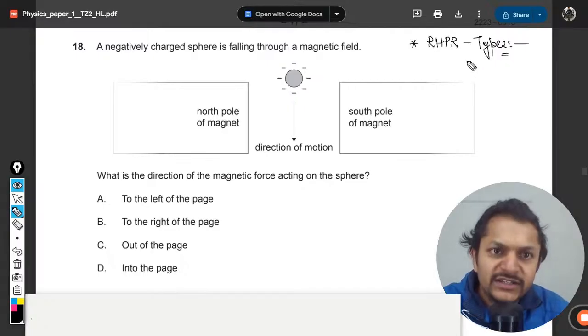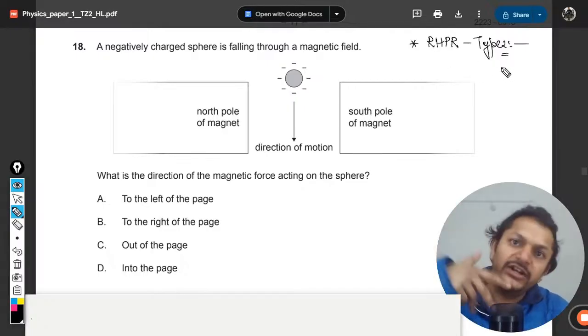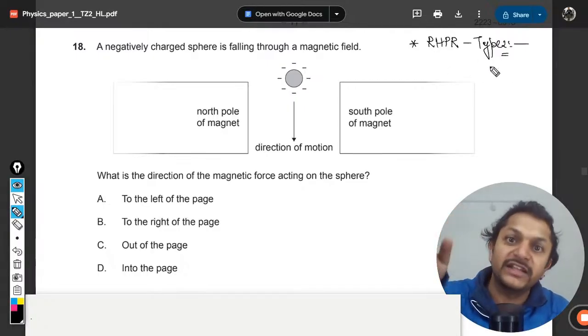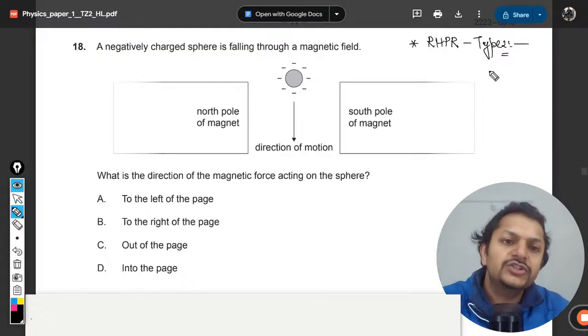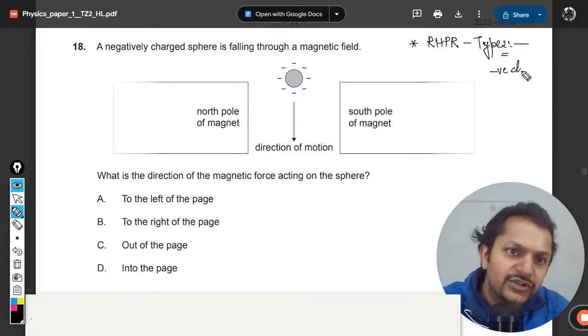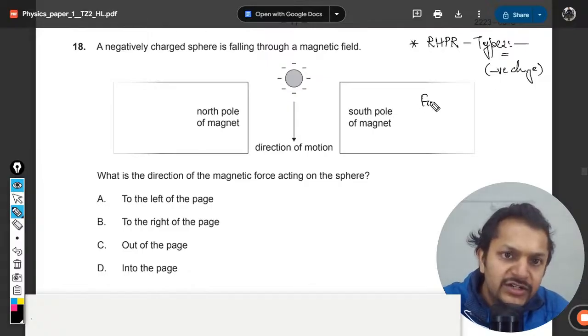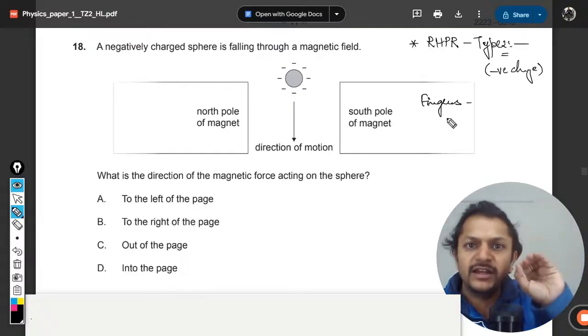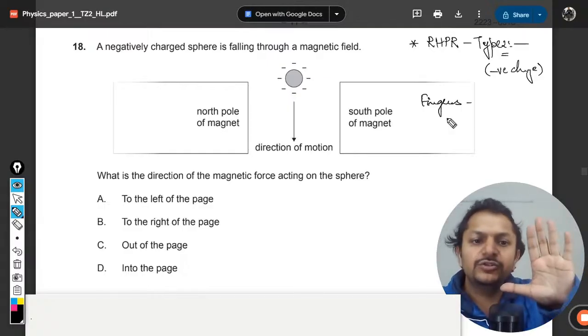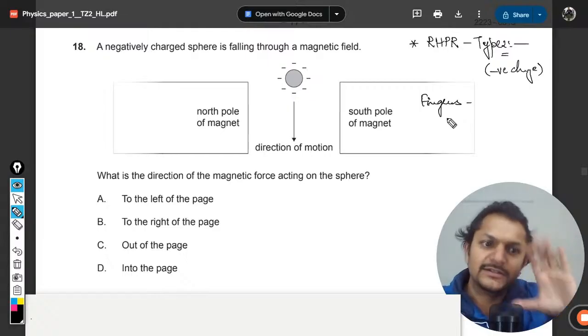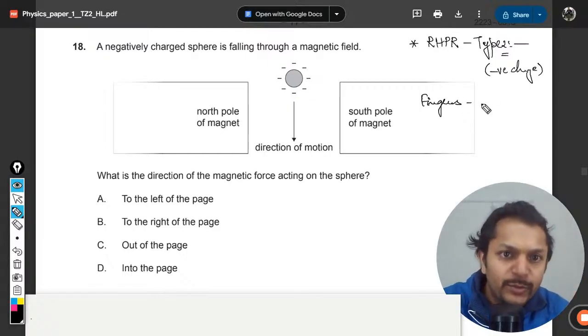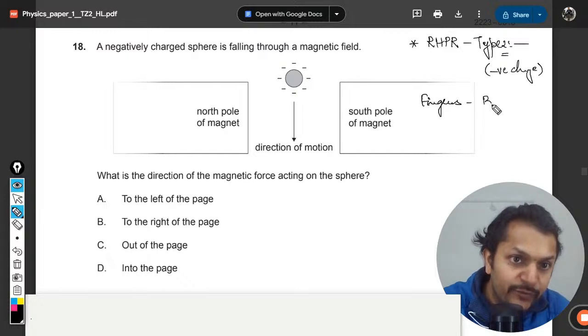Again, this is for three types: one is positive charge, then negative charge, and then electric current wire. So we would be talking about the negative charge. First of all, we would be using our right hand and keeping it hard. It should not be like this, but it should be like this. The fingers should be pointing in the direction of the magnetic field.